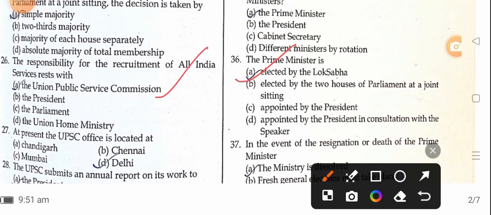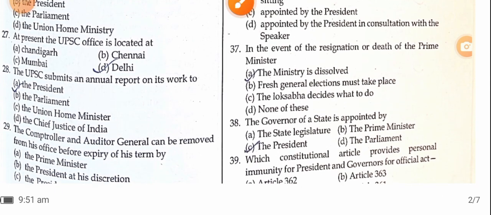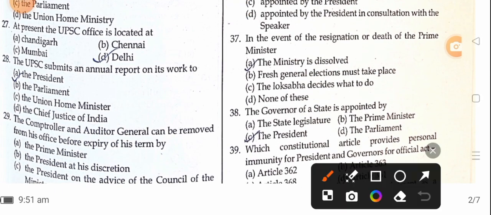At present, the UPSC office is located at New Delhi. In the event of the resignation or death of the Prime Minister, the ministry is dissolved. The UPSC submits an annual report on its work to the President.